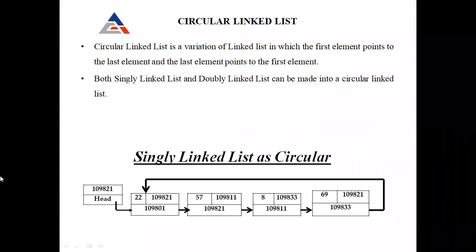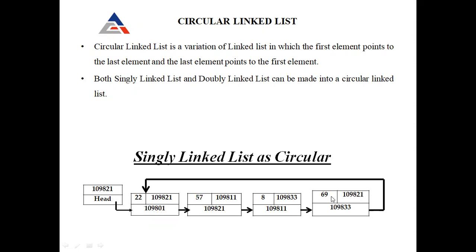In this figure, you can see a single linked list in which the last element's next address is not null. Instead we represent the address of the first node. Here you can see something is wrong: we have to write 109801, not 21, because 01 is the address of the first node.